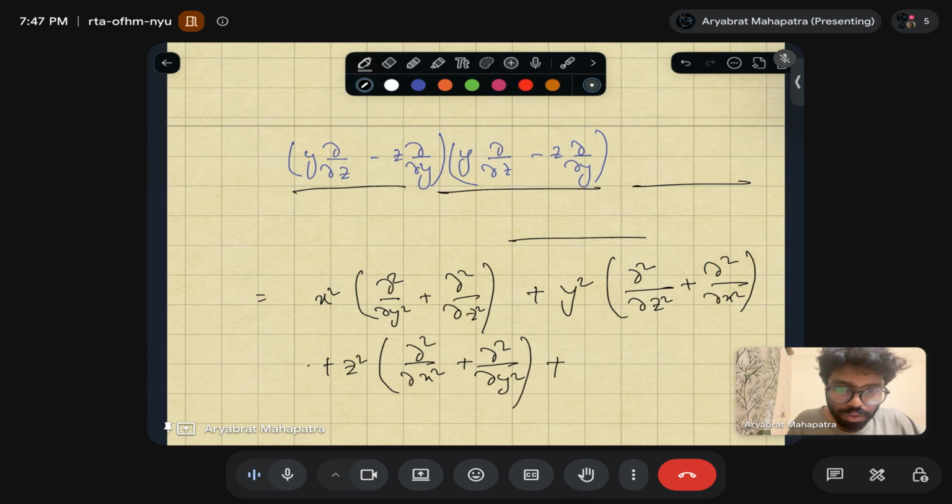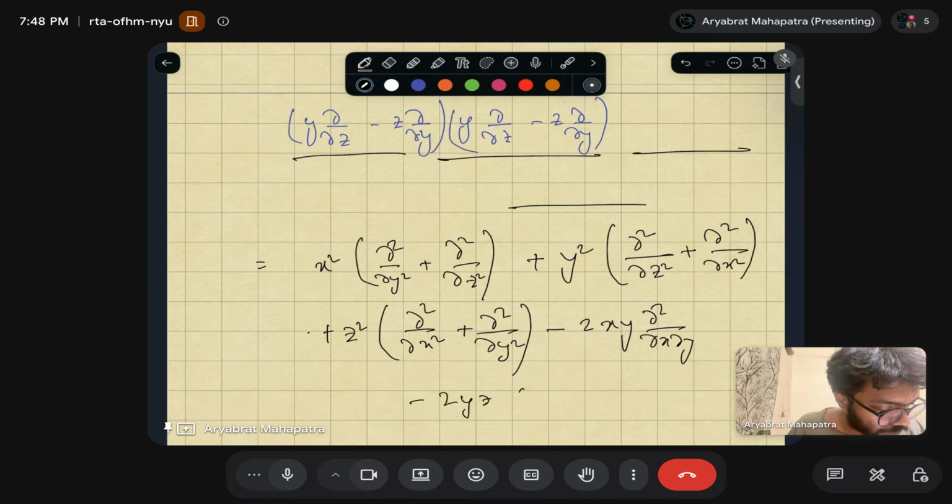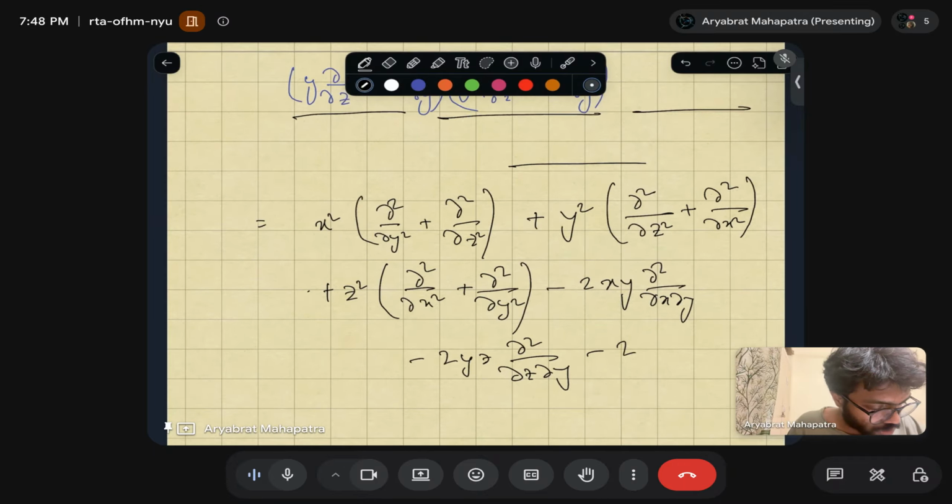You will have this kind of terms, and then plus or minus, it depends, you have to check, you will have 2xy del square del x del y. Then you will have minus 2yz, del square del z del y. And then you will have 2zx del square del x del y. So this is something you will get.